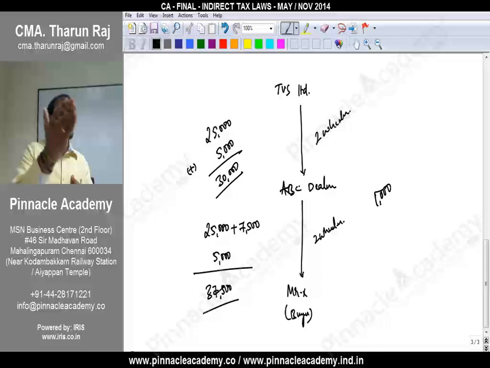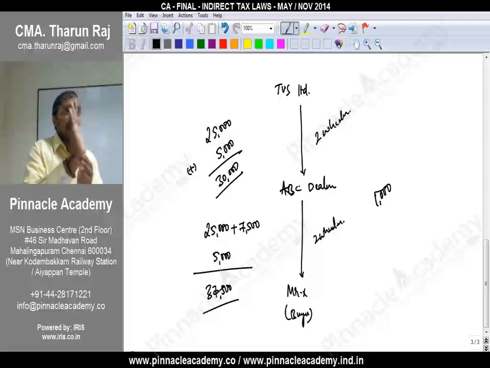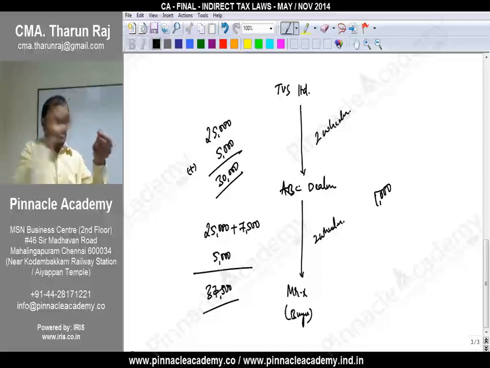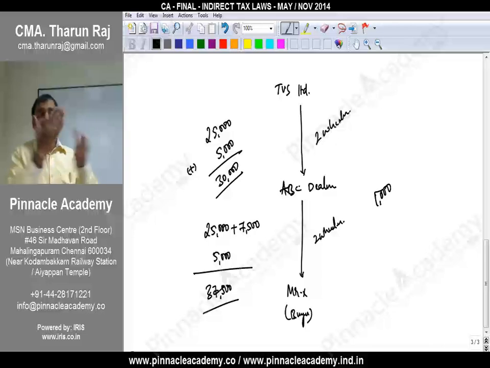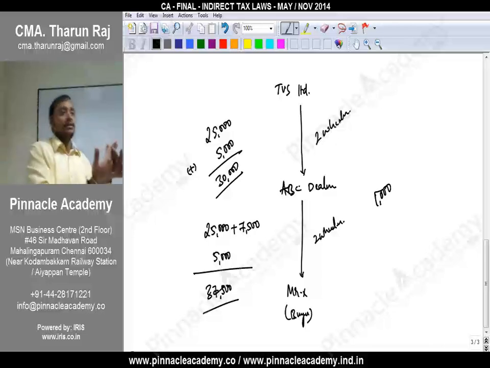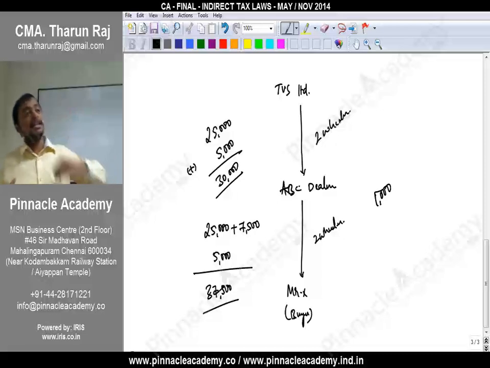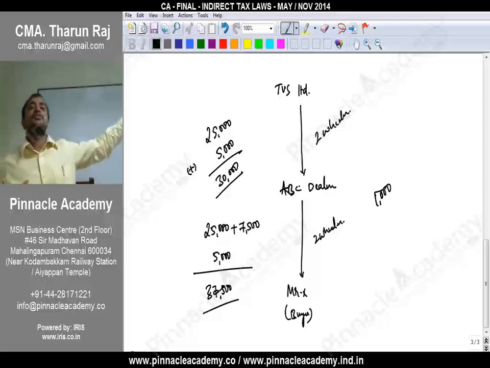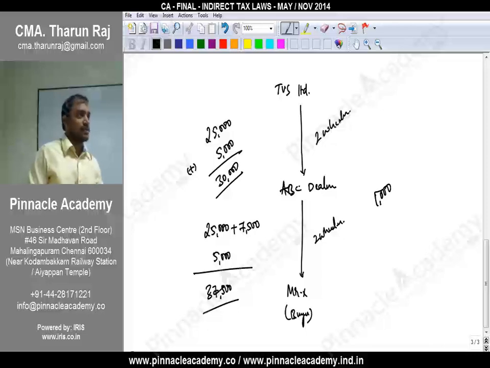What is the proof? Coupon. The buyer, when he is giving the vehicle for service, will give a free coupon. And in that coupon, we will mention the vehicle number, etc. And for that, we will attach a bill. Whatever service charges incurred, we will send it to TVS Motors, wherein TVS Motors will reimburse the 1,000 rupees.